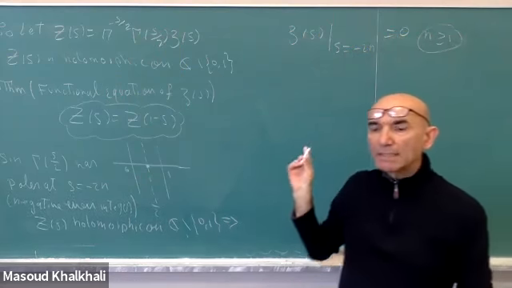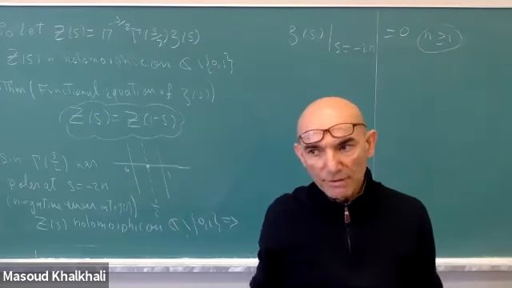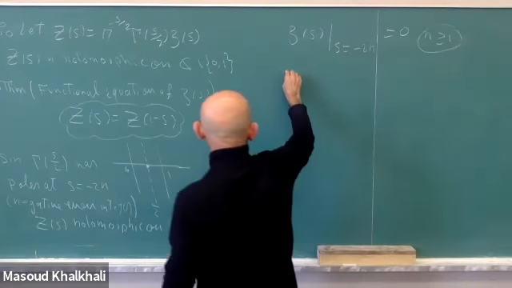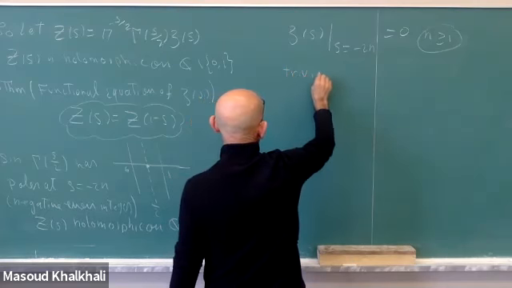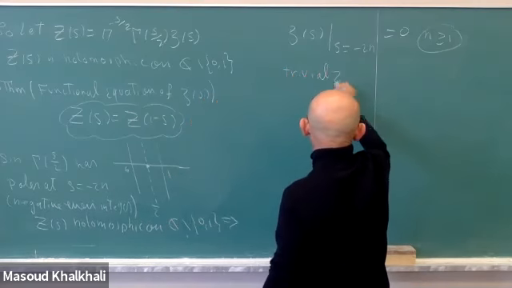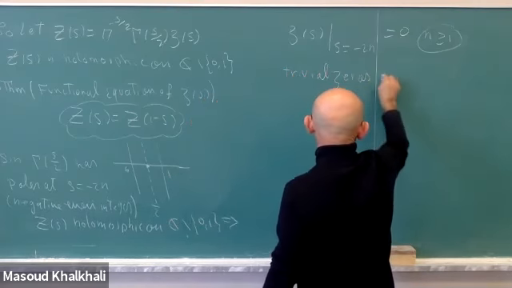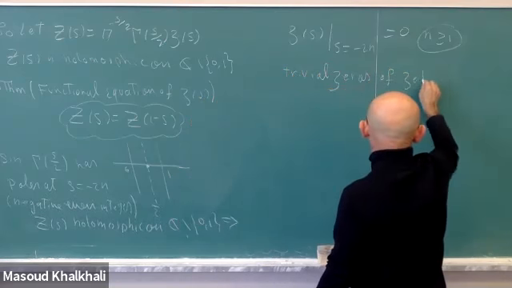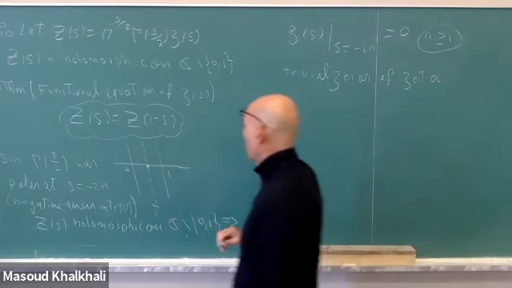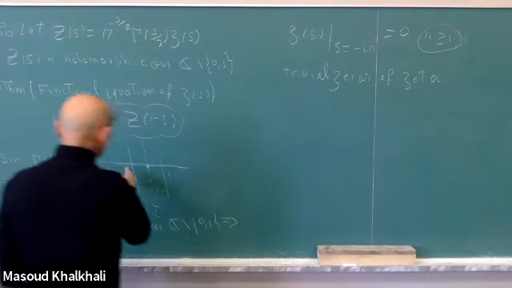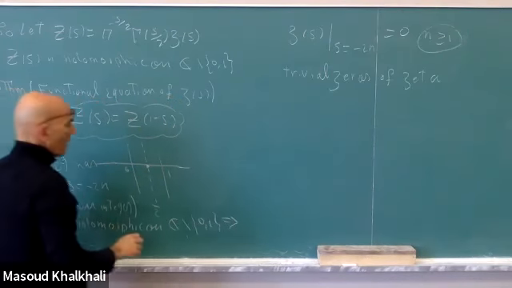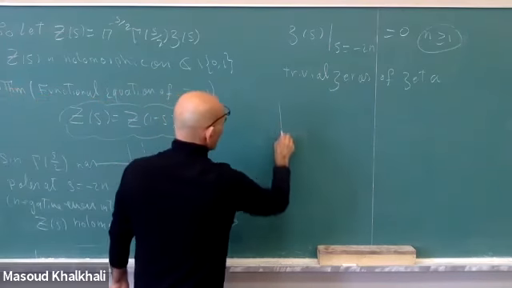And these are called the trivial zeros of zeta, right? So again, in this picture that we have here, let me maybe draw it.